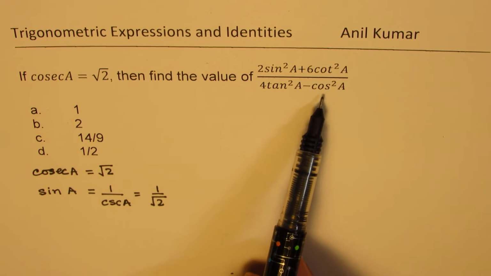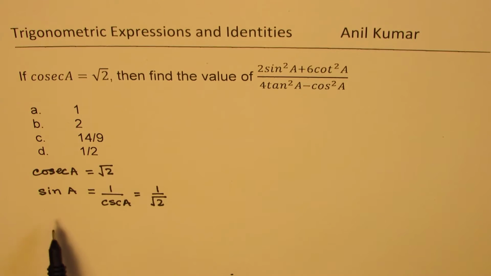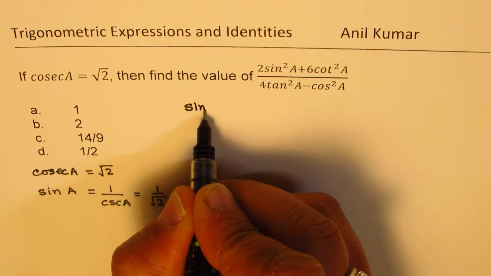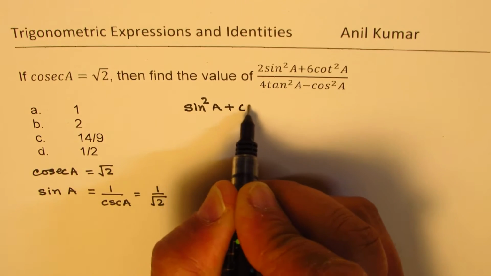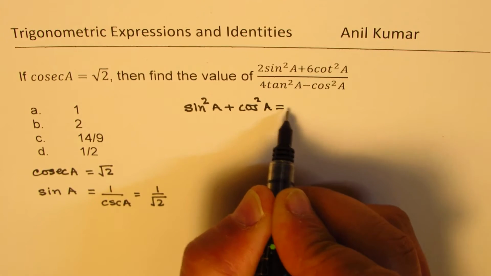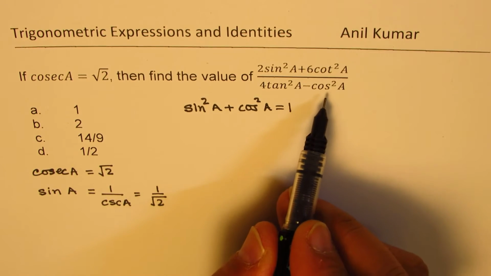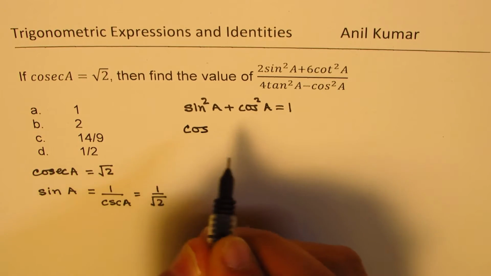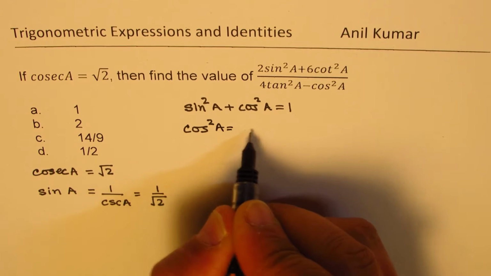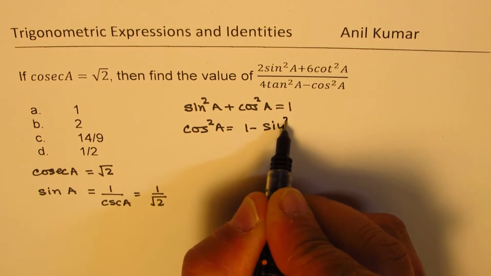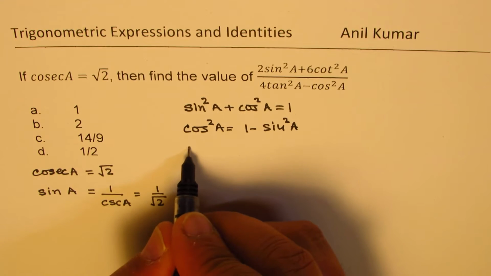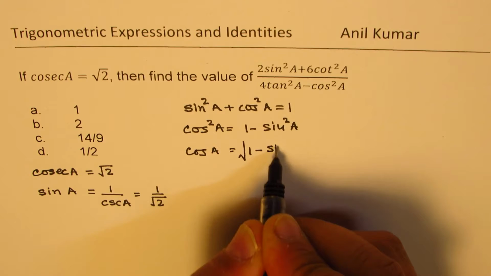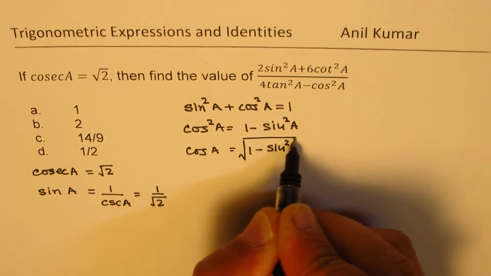We can find cos A from sine A using the identity sine square A plus cos square A equals 1. So we could take cos square A equals 1 minus sine square A. So cos A will be equal to square root of 1 minus sine square A, correct?